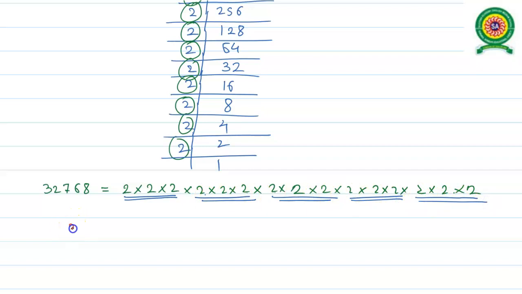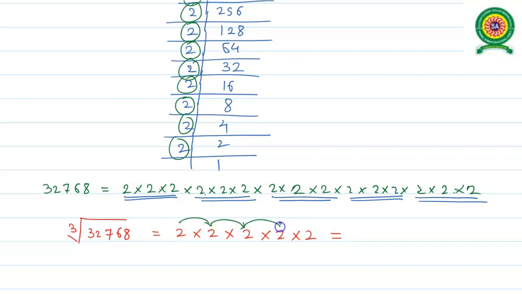That means now we can write cube root of 32,768 equals to first triple is for 2, next triple is for 2, third triple is for 2, fourth triple is for 2 and fifth triple is again for 2. Now try to make the multiplication. 2 2s are 4, 4 2s are 8, 8 2s are 16 and 16 2s are 32.